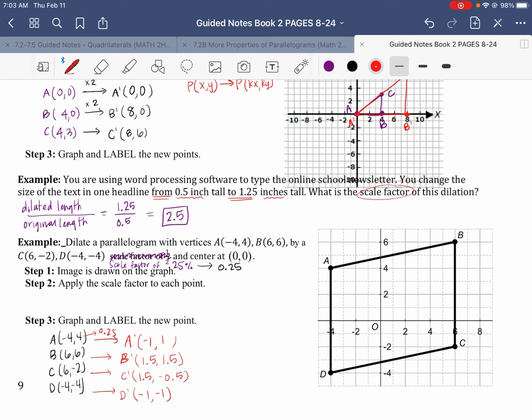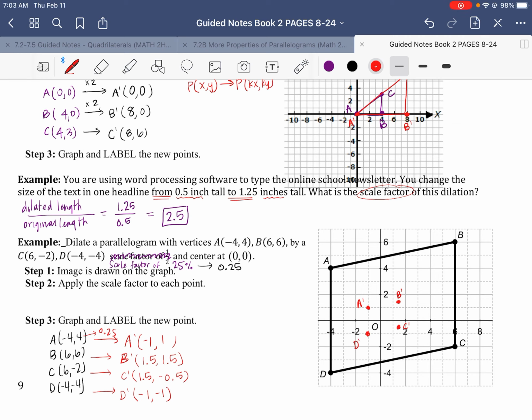A prime, again, is at -1 up 1, so I'm going to graph A prime right there and label it. B prime is at 1.5, 1.5. C prime is at 1.5, -0.5. And D prime is at -1, -1.